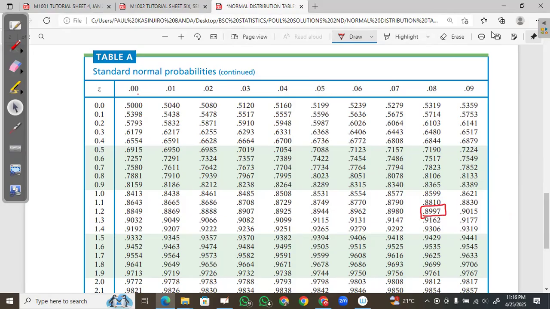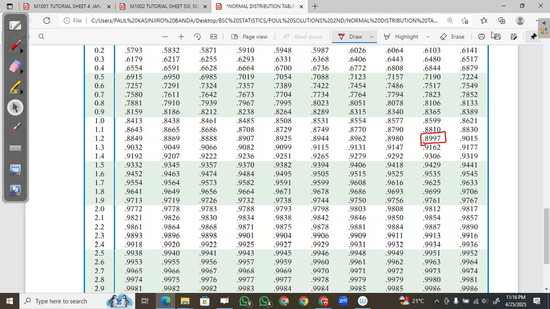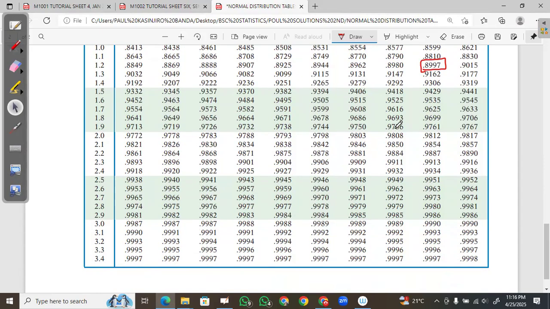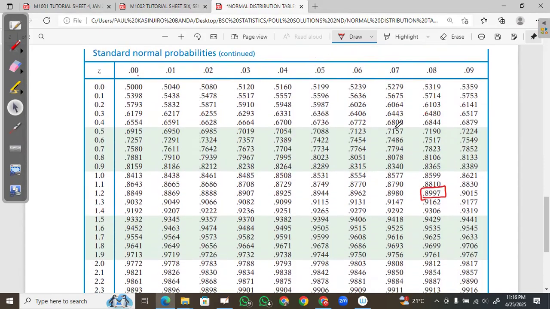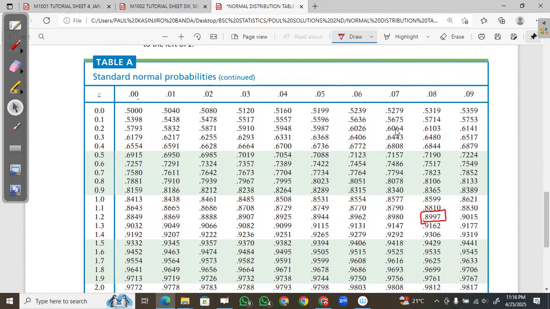We try to see if we can find 0.9 itself, but we won't find it on this table. We'll just find a number that is very close to it, which is this one. So we're going to get the z score for this same number here. What am I going to do?